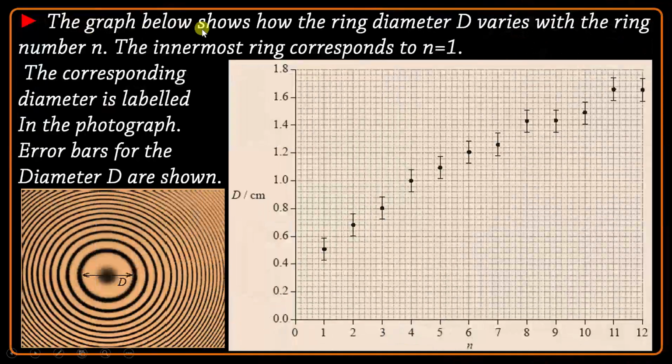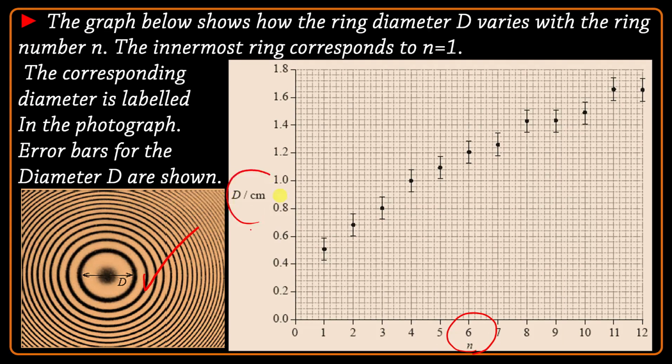Problem 3. The graph below shows how the ring diameter d varies with the ring number n. The innermost ring corresponds to n equals 1. Here I have a pattern of some concentric rings, and the number of the ring is indicated here.